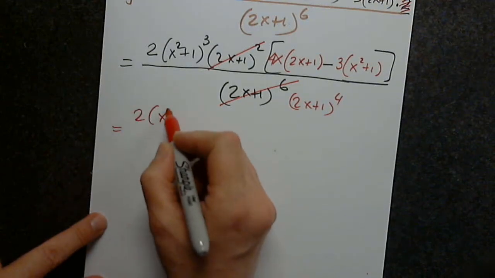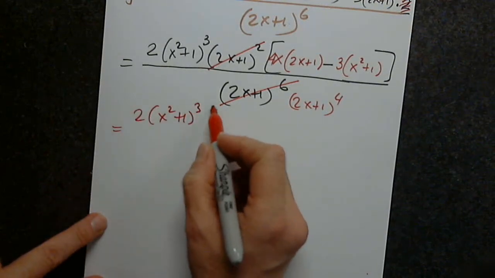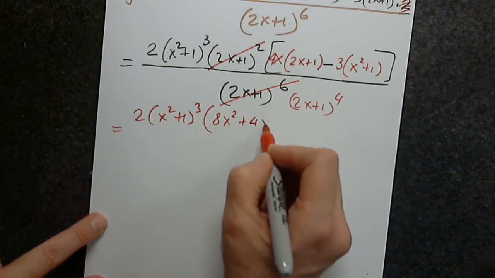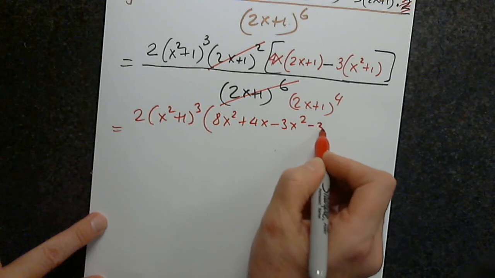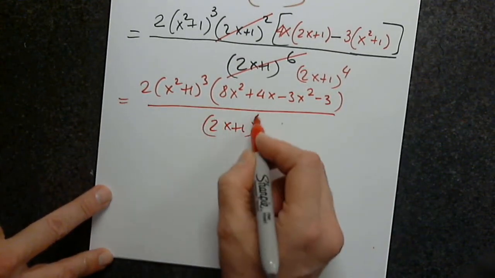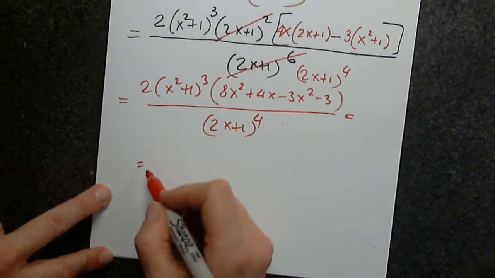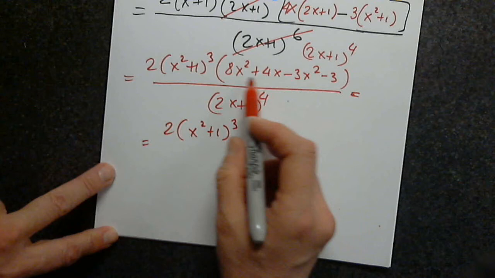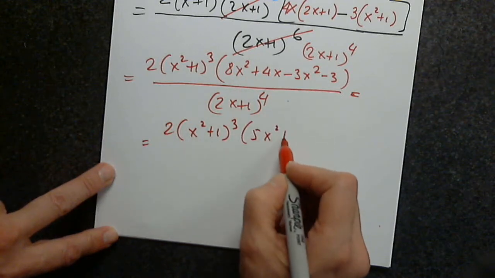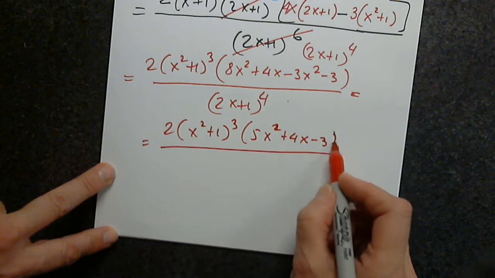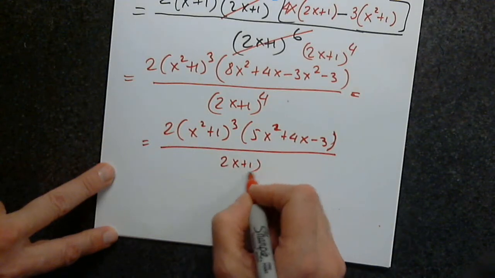So then x squared plus 1 cubed, and now I distribute. So 8x squared plus 4x minus 3x squared minus 3 over 2x plus 1 to the fourth. And this is x squared plus 1 to the third, and I combine like terms, and I have 5x squared plus 4x minus 3 over 2x plus 1 to the fourth.